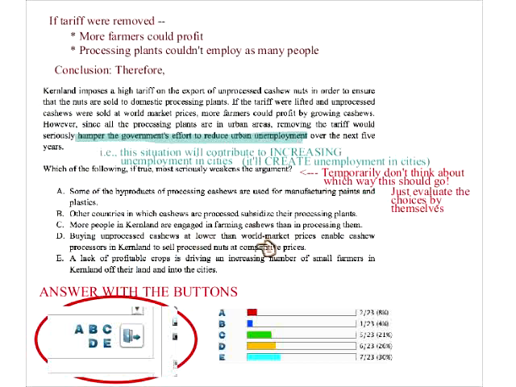Buying unprocessed cashews enables cashew processors to sell processed nuts at competitive prices. This is something that they can still do if we don't process as many nuts, but this doesn't address the unemployment issue. On the other hand, what E does, if you're driving farmers off their land and into the cities, it's almost the same situation you had with those college grads.